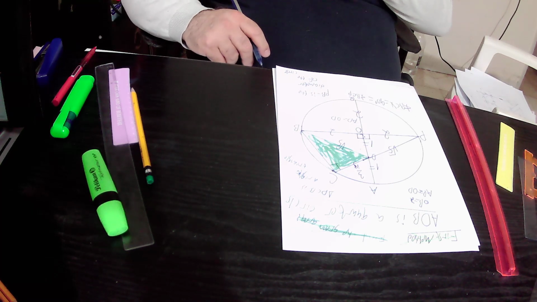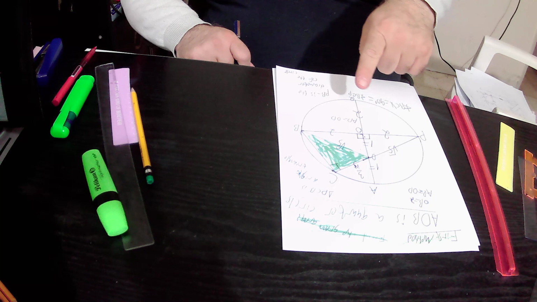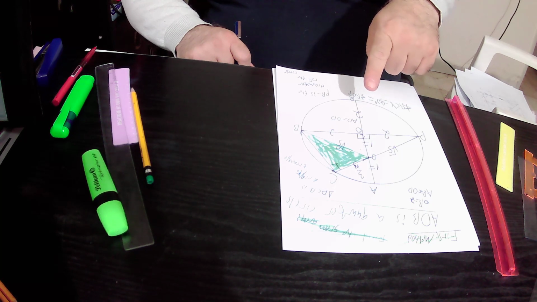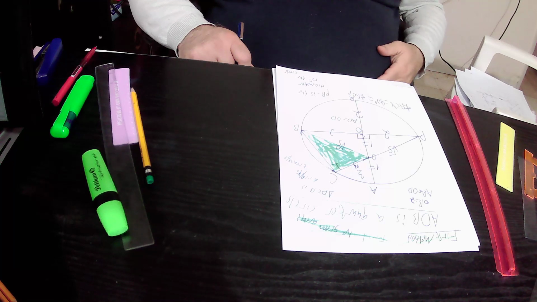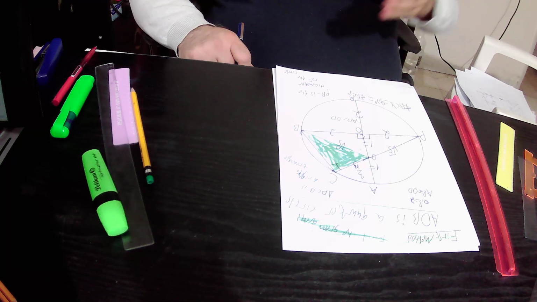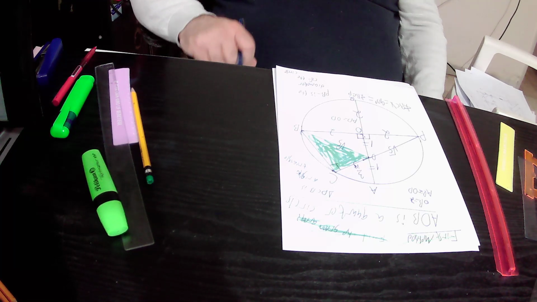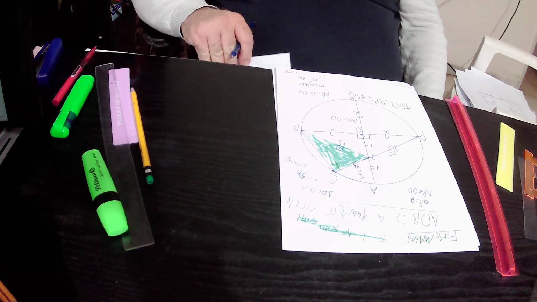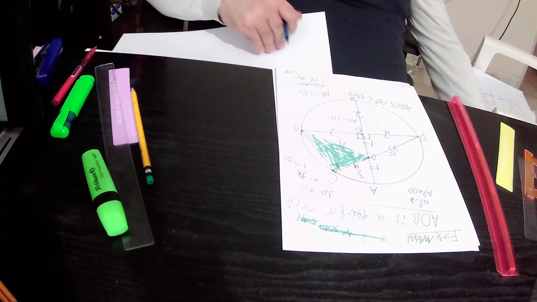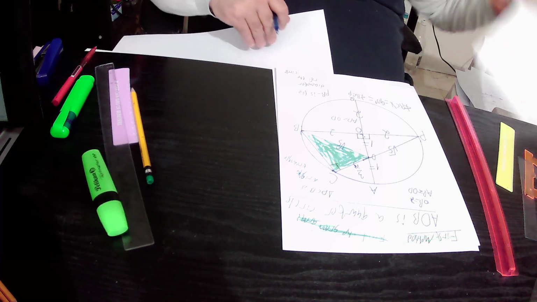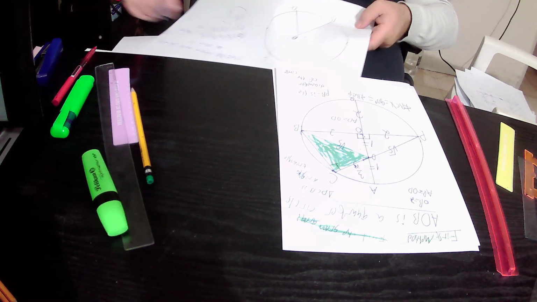In the next step, we will implement the Pythagoras theorem on the blue right triangle, triangle DCB. This is the area that we are looking for, the area of this blue triangle. According to the Pythagoras theorem, the square of the hypotenuse equals the sum of the squares of the perpendiculars.